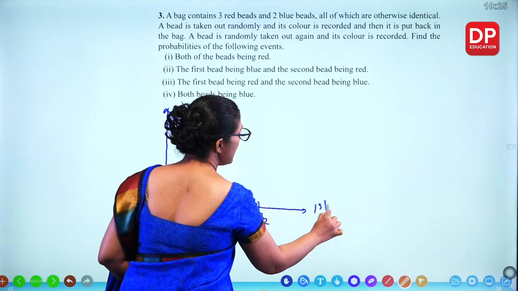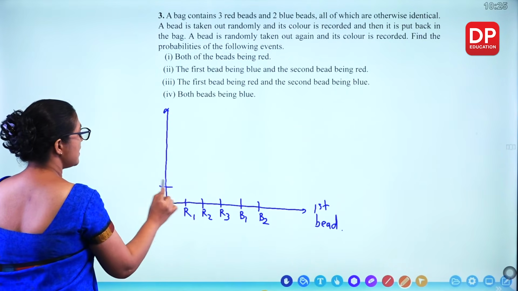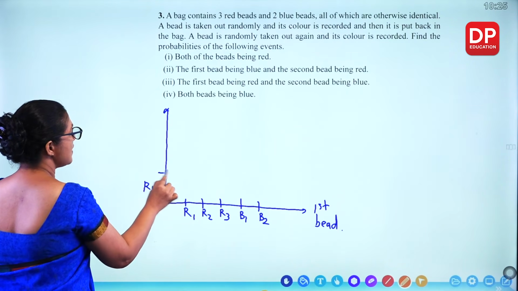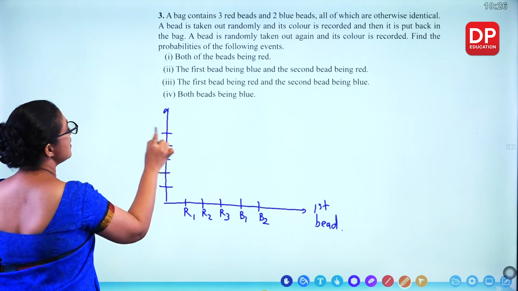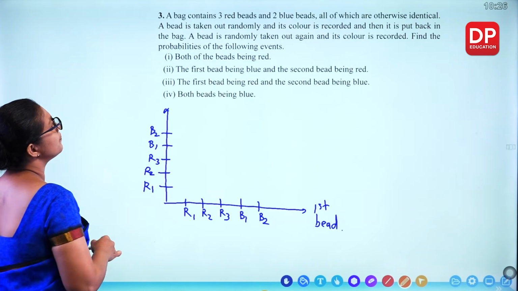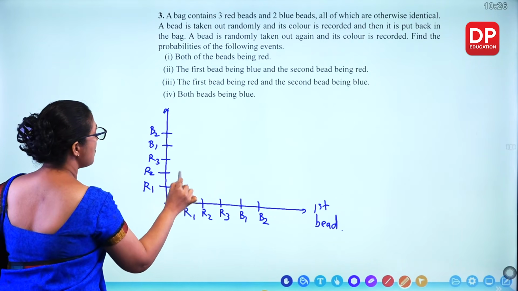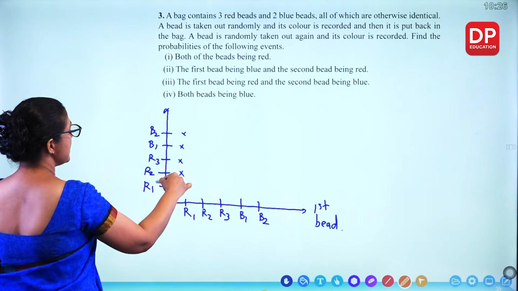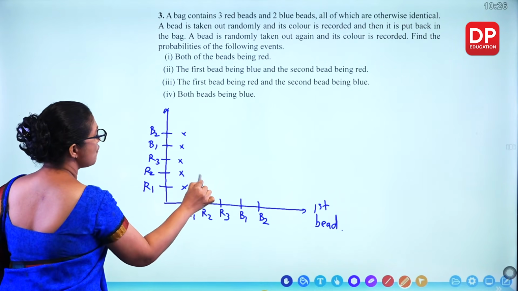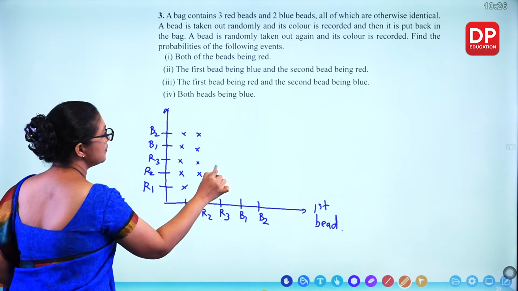We'll take the first bead from the first bag, and then taking again, you get the same outcomes: R1, R2, R3, B1, B2. Now I can mark all together how many possibilities? 5 times 5. 25 possibilities are there.